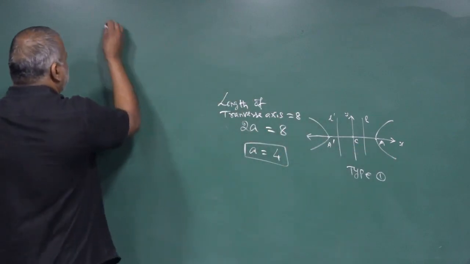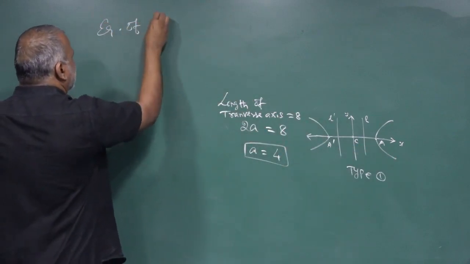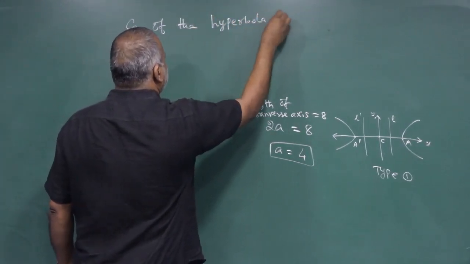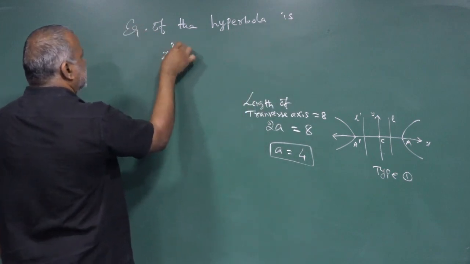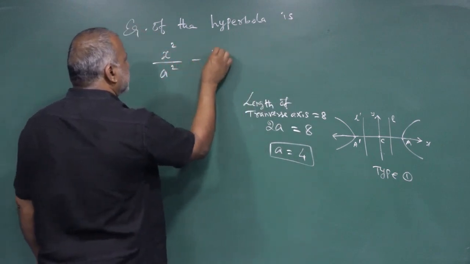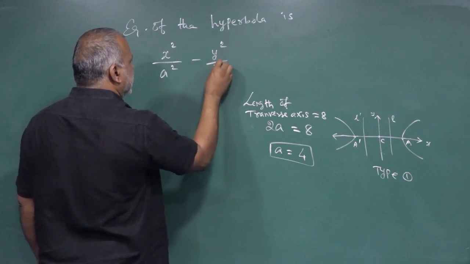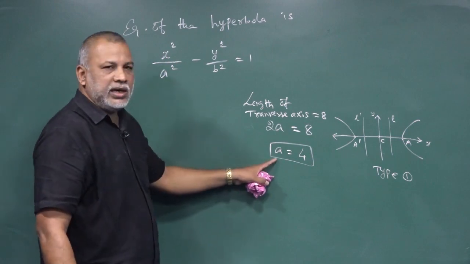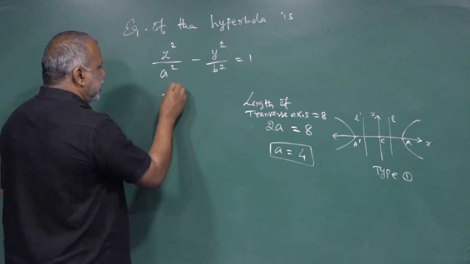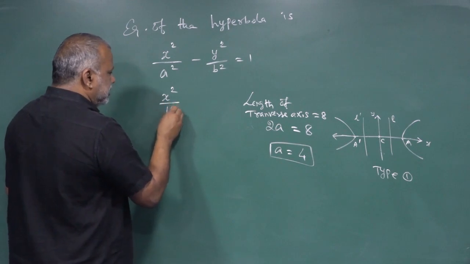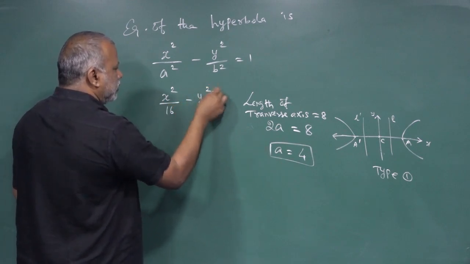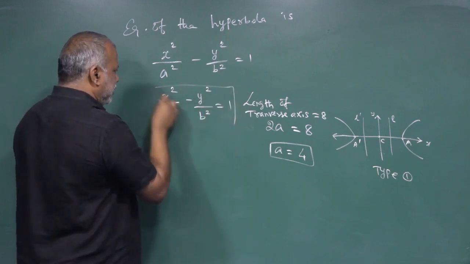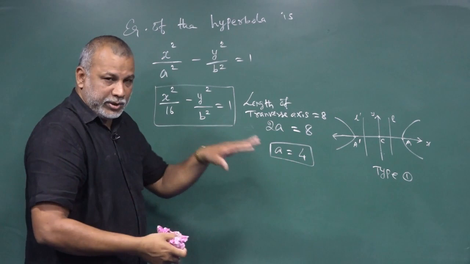Now the equation of the hyperbola, it belongs to type number 1. So we can say x squared by a squared minus y squared by b squared equal to 1. Here we know the value of a. What is the value of a? 4. Therefore we can substitute here x squared divided by 16, 4 squared, minus y squared by b squared equal to 1. So this is the equation of the hyperbola.